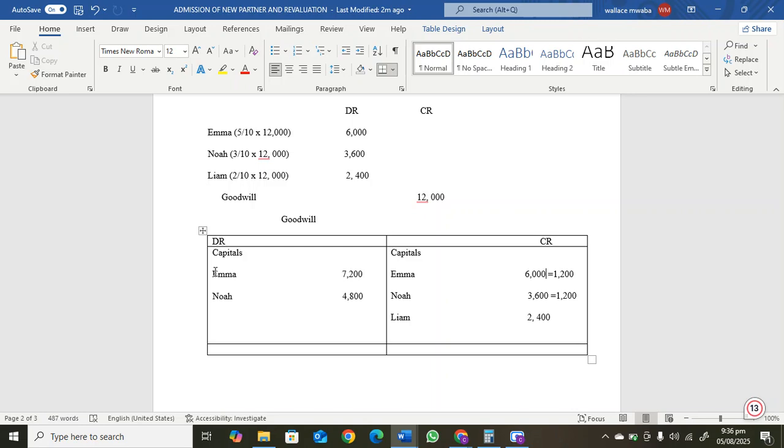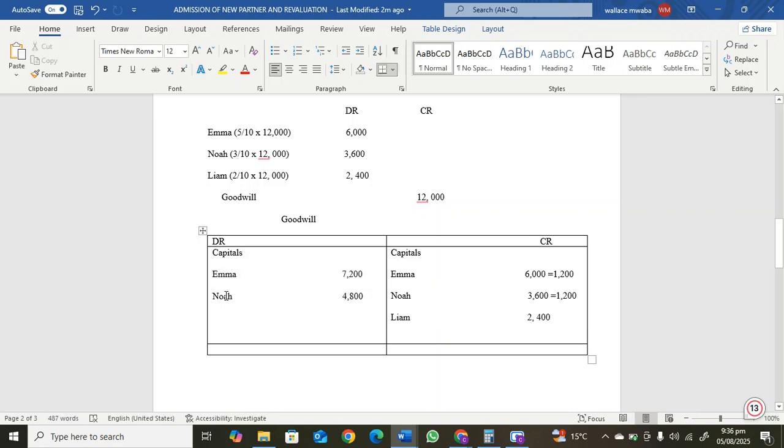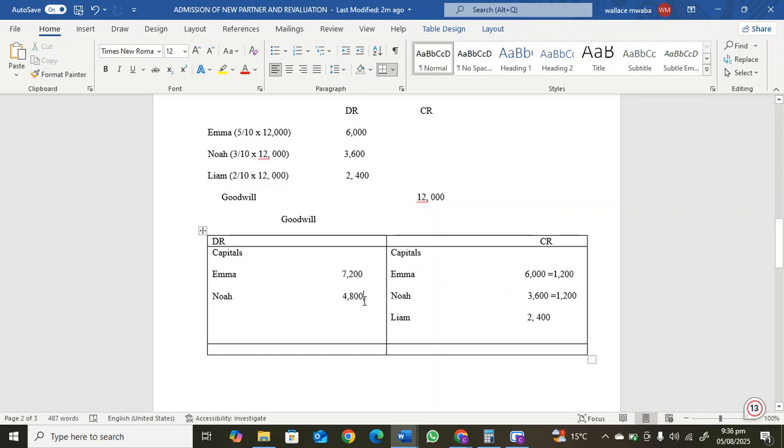Okay, let's start. Before Liam came in, Emma was entitled to 7,200. Noah was entitled to 4,800. Here, before you start thinking about the debits and credits, let's go with the story that's going on here.